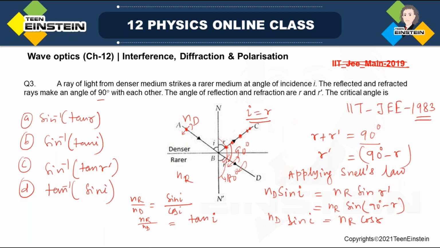Okay, so if I just consider total internal reflection, we know that n2 by n1, or rarer by denser, is equal to sine critical angle, sine IC.